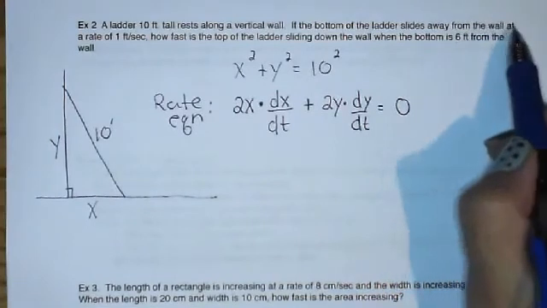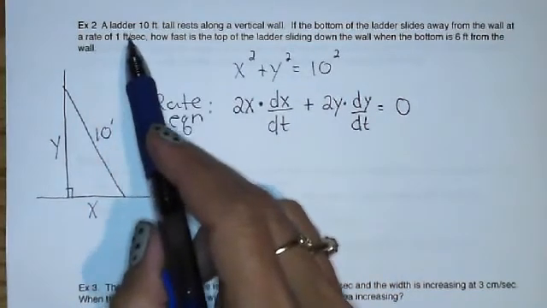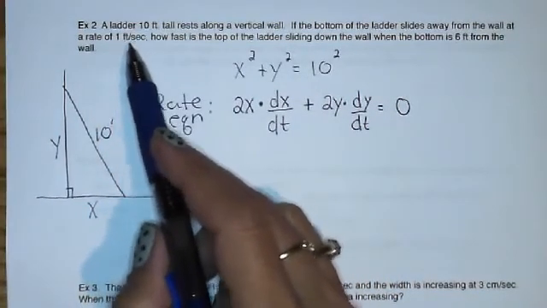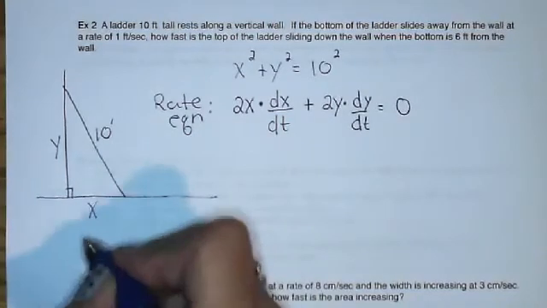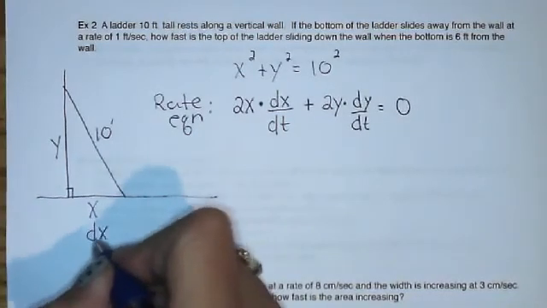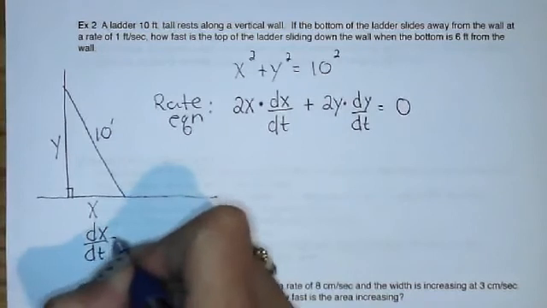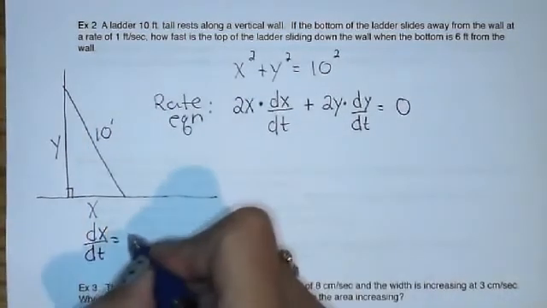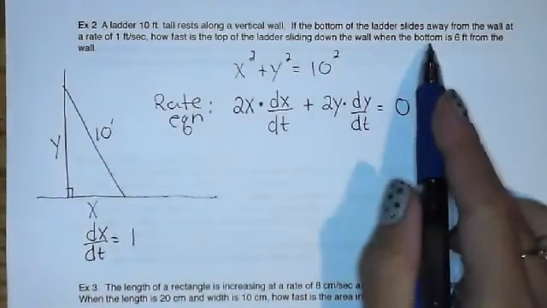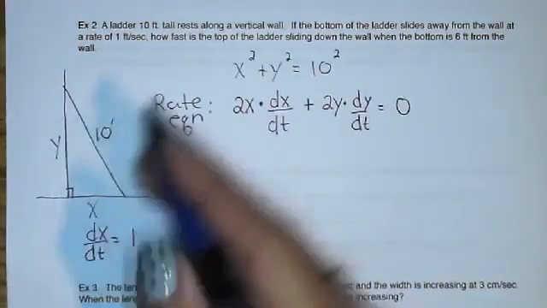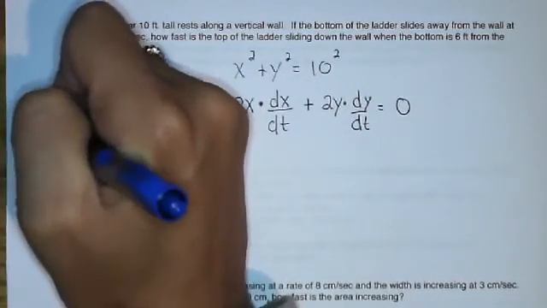So now let's substitute and see what we're trying to solve for. So it says if the bottom of the ladder slides away from the wall at a rate of 1 foot per second. So this is a derivative, it's a rate, and it's the rate that x is changing. So dx/dt is 1 foot per second.